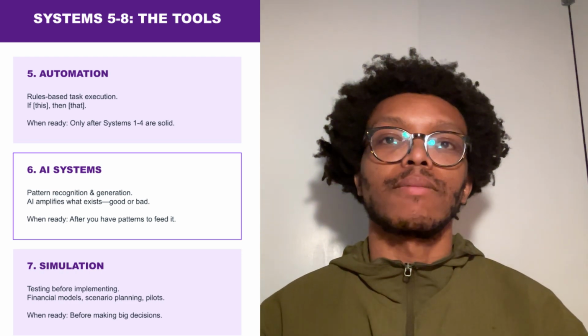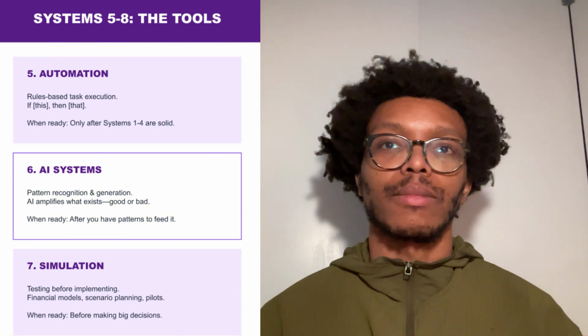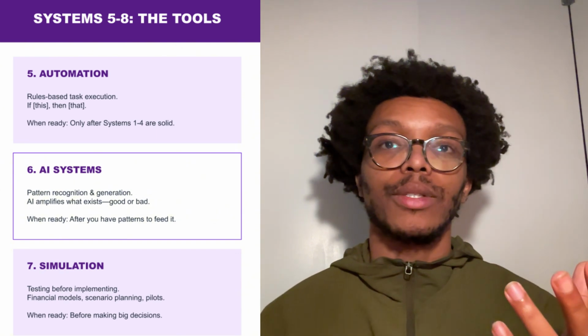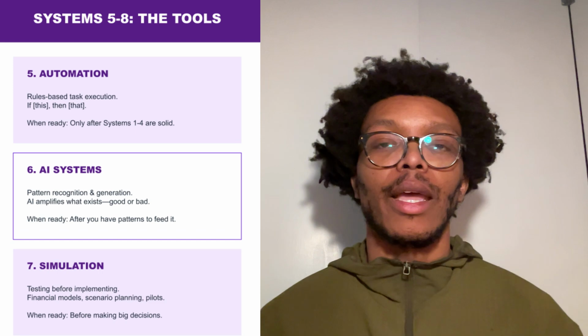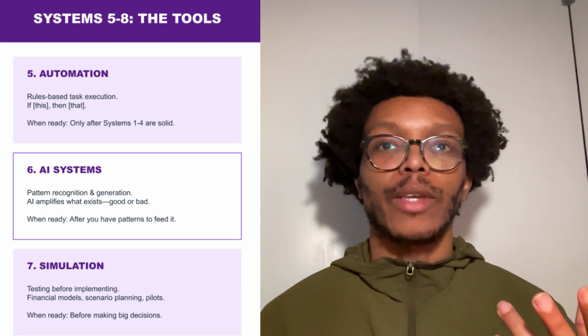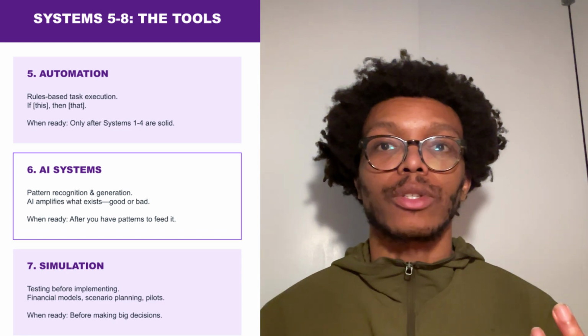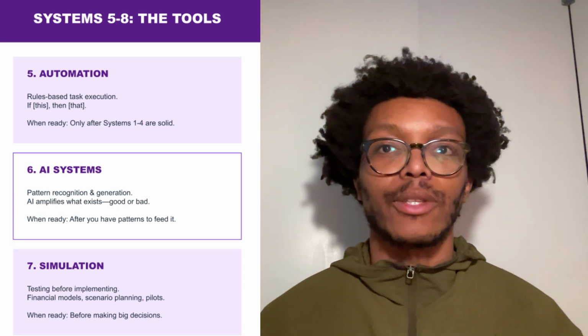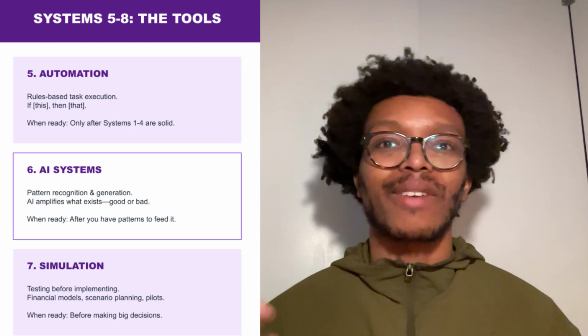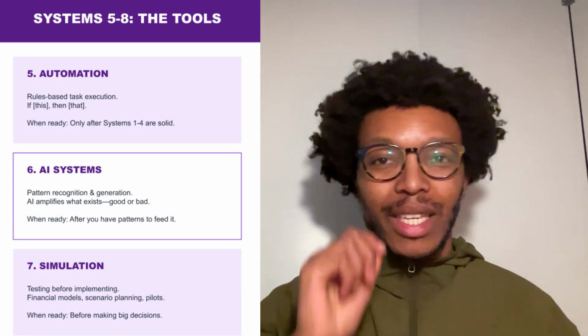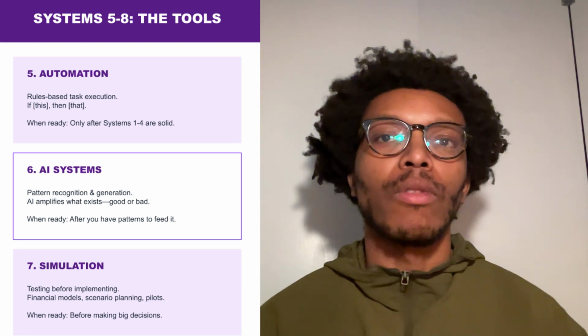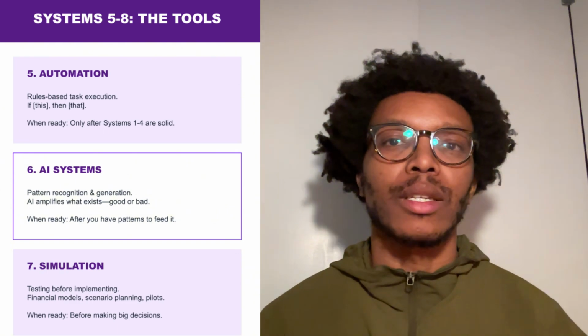System 6, AI systems. This is pattern recognition and generation. AI can draft proposals based on past proposals. AI can summarize calls based on transcripts. AI can suggest next steps based off client history. But here's the key. AI only amplifies what already exists.